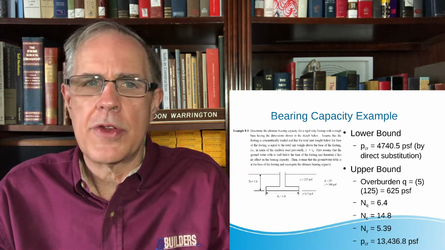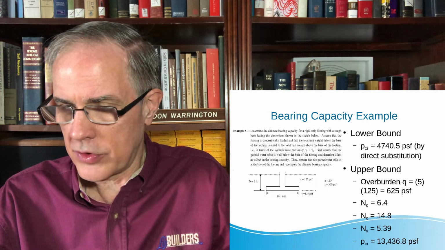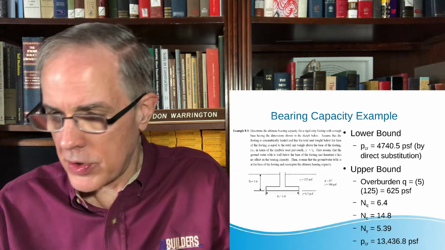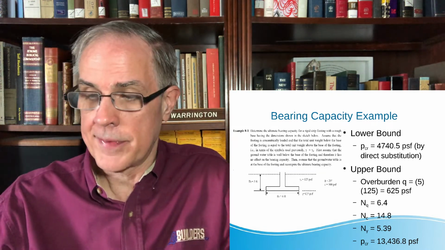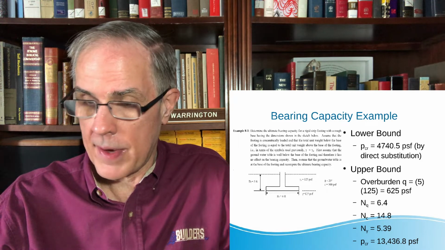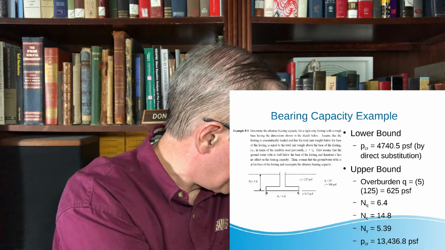The only thing that you have to do that you don't do with the lower bound solution is compute the q, the surcharge. And the surcharge is simply determined by taking this unit weight right here and multiplying it by this depth.